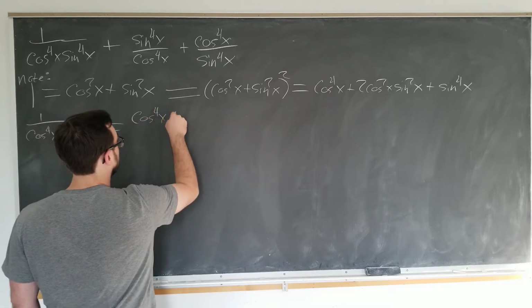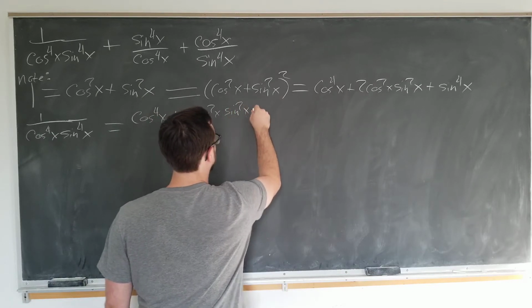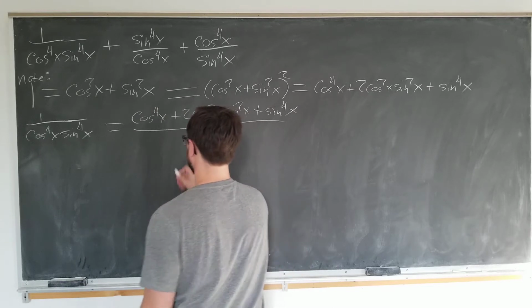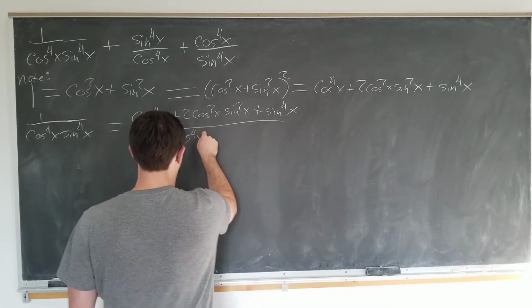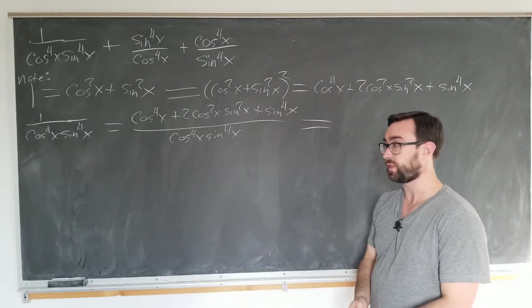Cosine fourth x plus 2 cosine squared x sine squared x plus sine to the fourth x over cosine fourth x sine fourth x. And we can see we have some simplifications.